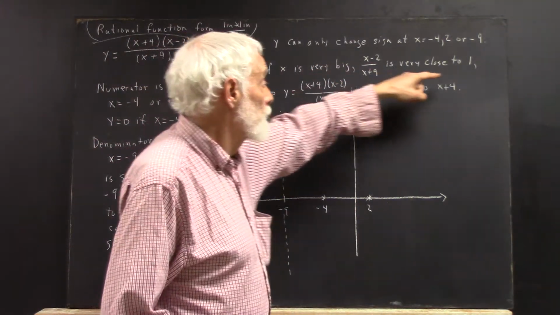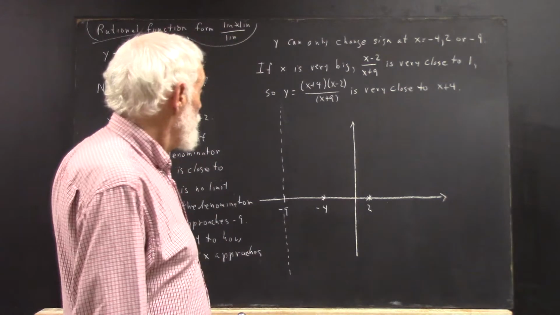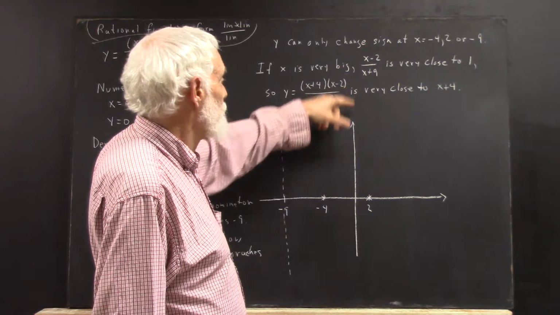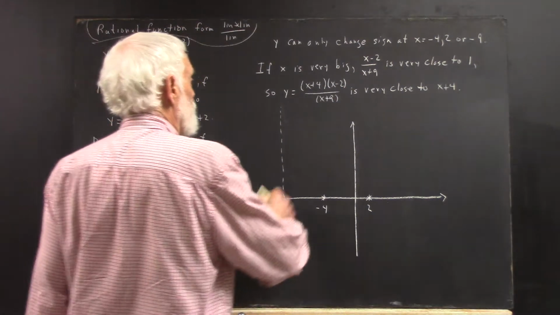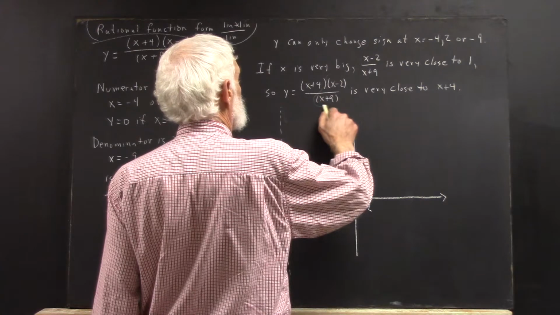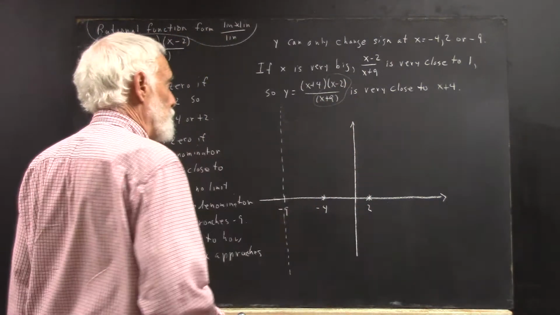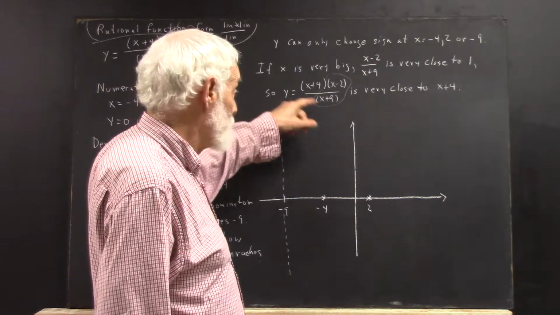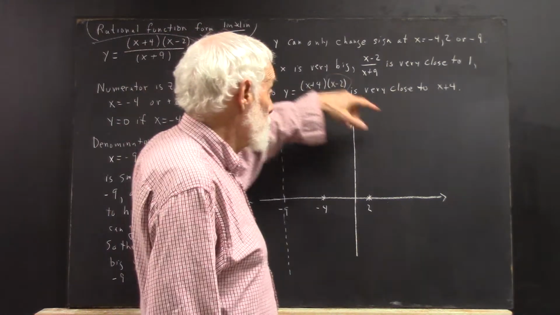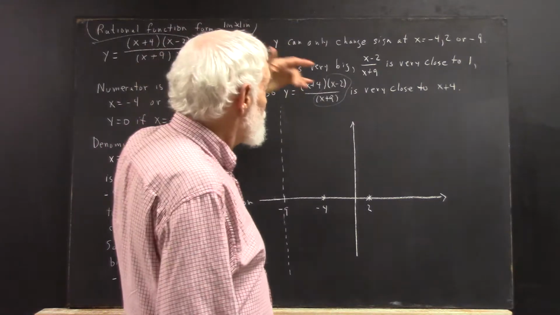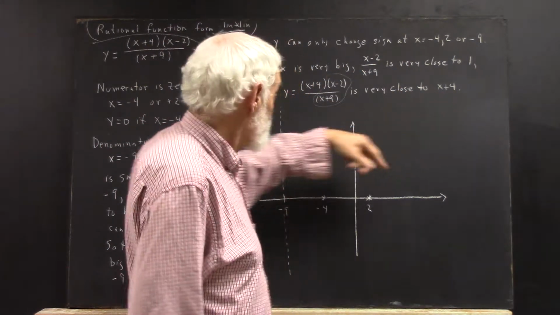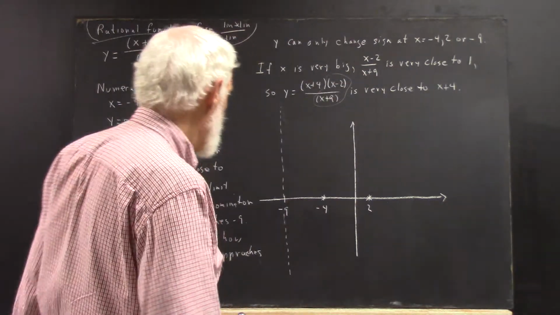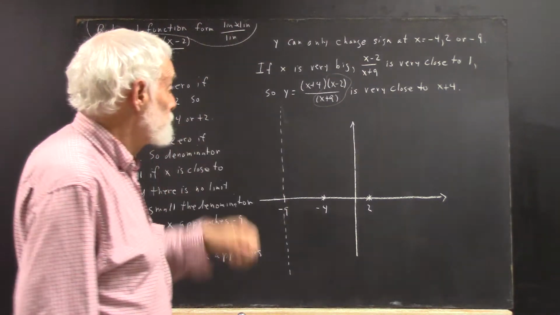So this quotient is very close to 1. And it follows then that y, which is equal to x plus 4 times x minus 2 over x plus 9, you can see you've got the x minus 2 and the x plus 9 there. That much of it is close to 1, so the value of y is close to x plus 4, because y is close to x plus 4 times 1. Okay? Now this gives us another clue.